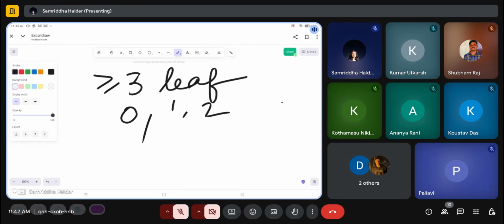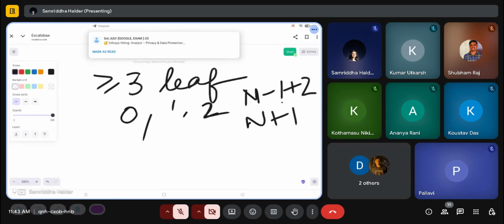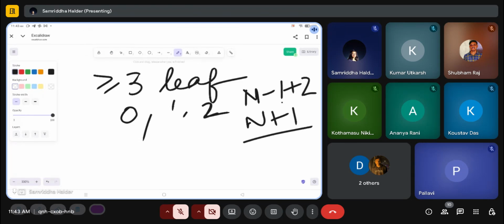So only one path will be there which will have n as the max. With 3 leaf nodes, 0, 1, and 2 are there, so n minus 1 plus 2 will be the max value. That means this will be n plus 1. So if greater than or equal to 3 leaf nodes, we will have this as the max value.